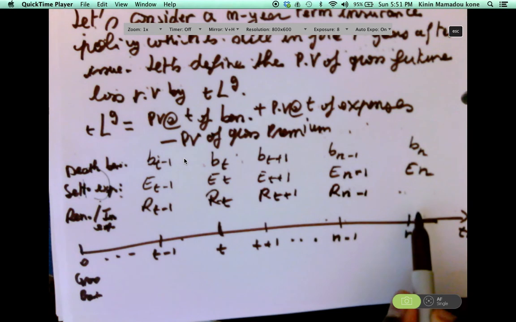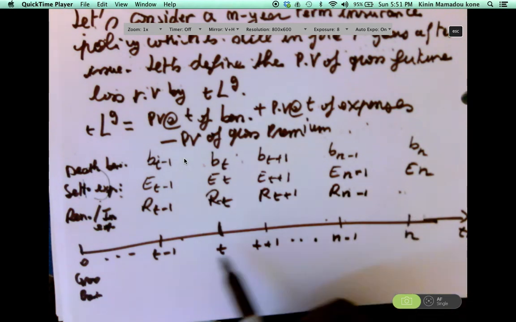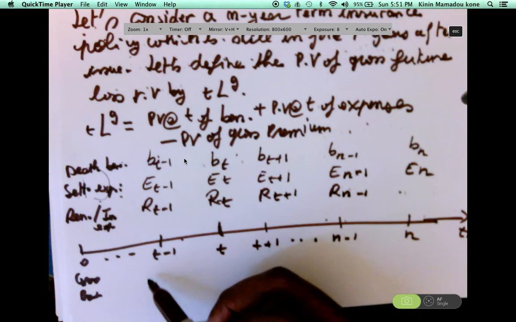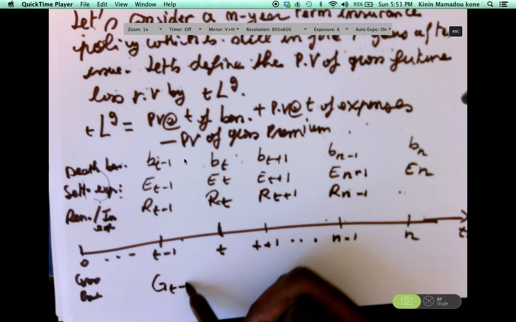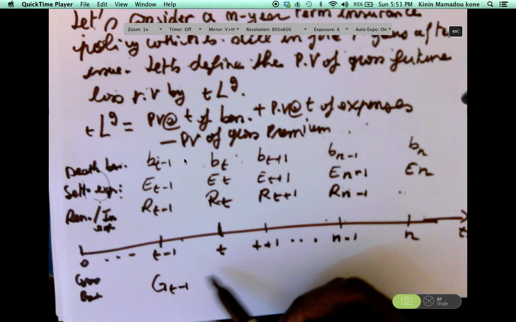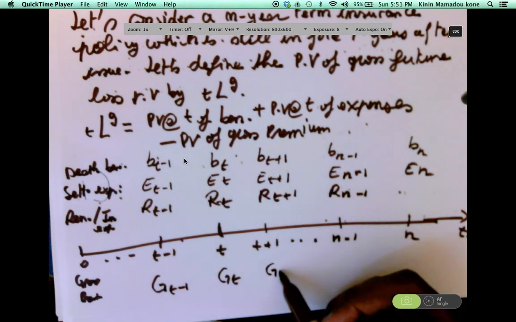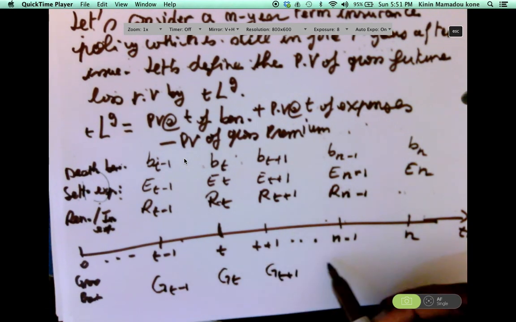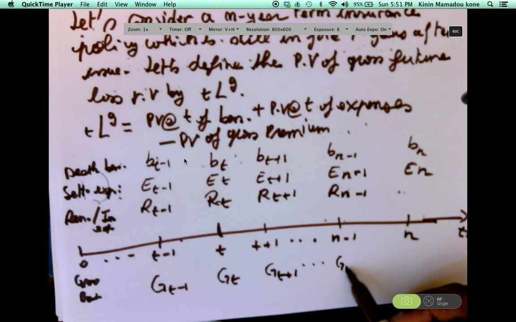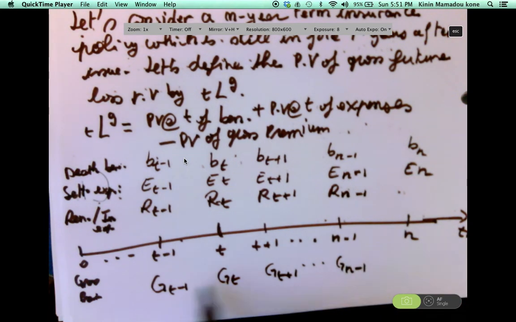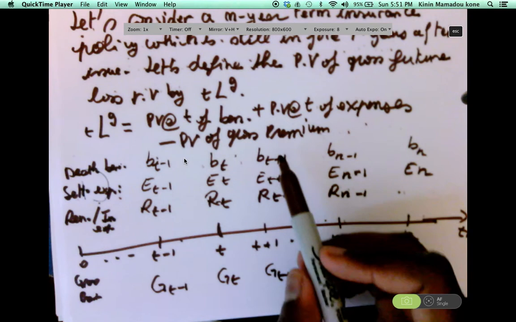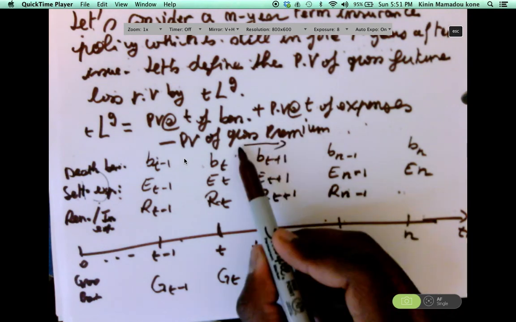Here the gross premium is valued at time t, G t plus 1, until G n minus 1, since it is like an annuity. So you have something like that.